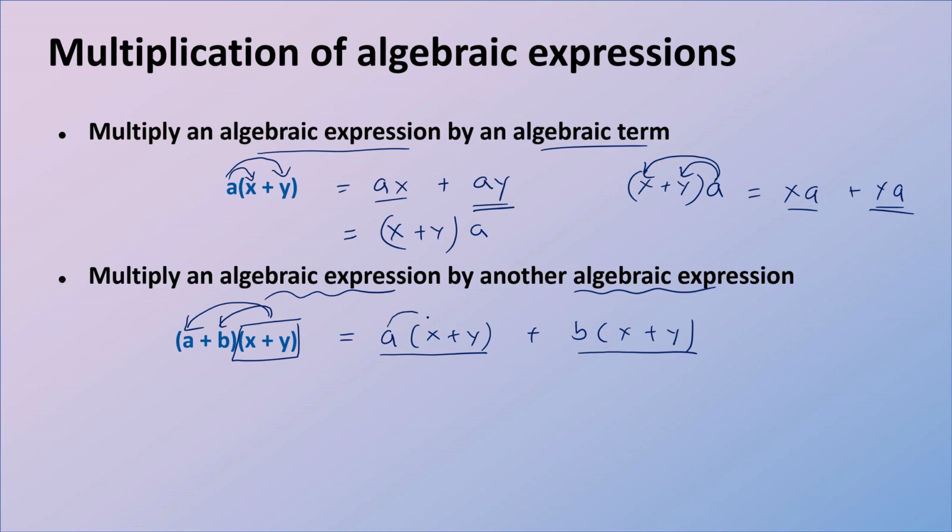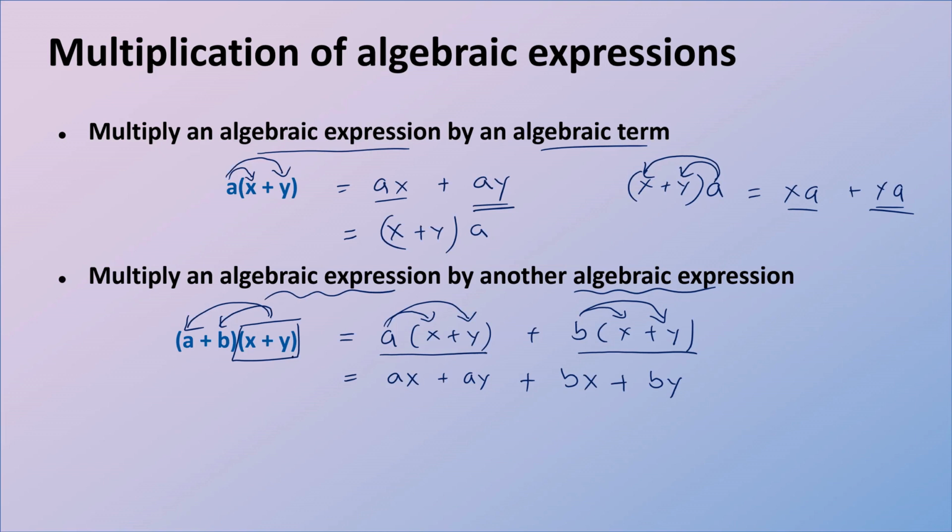And now I can distribute A to x and y to further simplify. So A times x plus A times y. And in the second term, I distribute B to x and y. So I get B times x plus B times y.